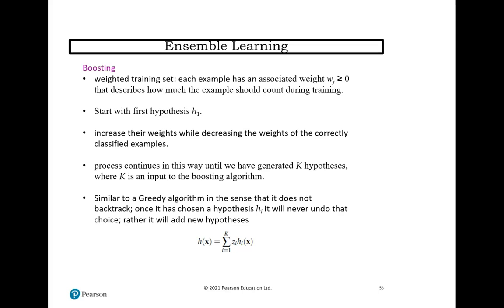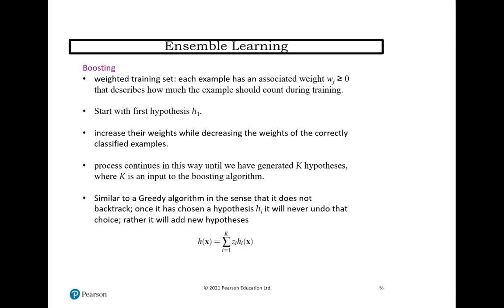So we increase the weight for the records that have been misclassified and decrease the weight for the records that have been correctly classified. And the idea here is by increasing the weight for the misclassified records, we're forcing the next classifier in the ensemble to do a better job on these cases where we were not able to make the correct prediction in the past.